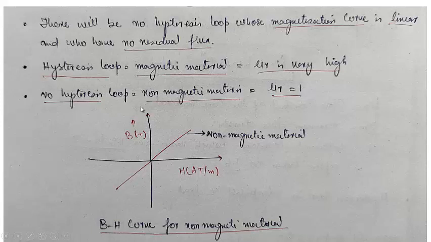There will be no hysteresis loop for a non-magnetic material. For that case, mu r will be equal to 1 because there will be no saturation and no residual flux. Their BH curve will look like this in the negative direction as well, with a slightly lesser slope than the positive direction I showed you already. There will be no hysteresis loop for these types of non-magnetic materials. So you have to be very careful about this.